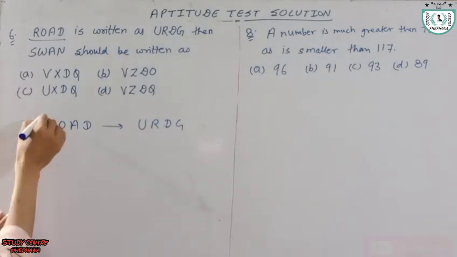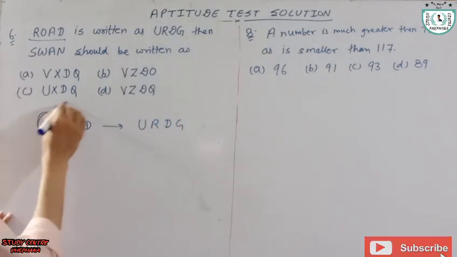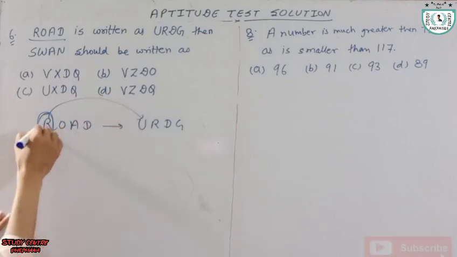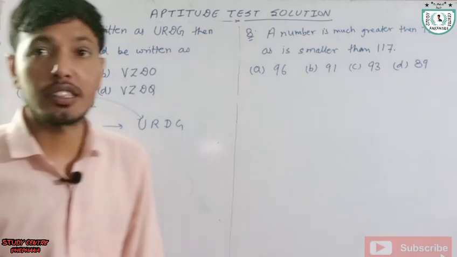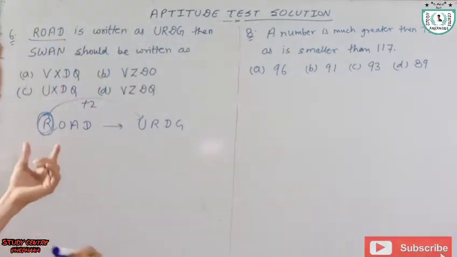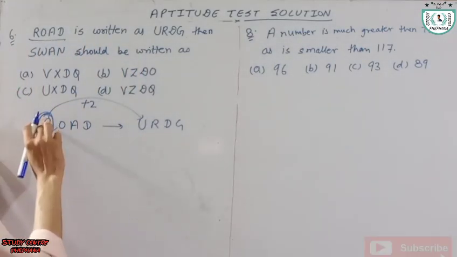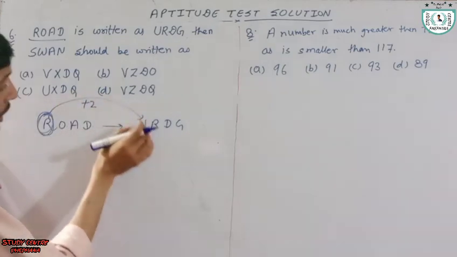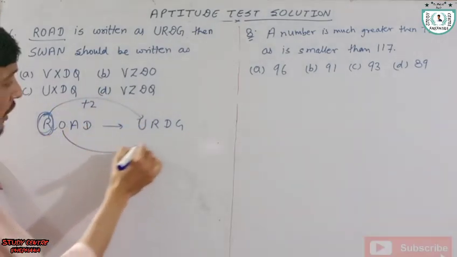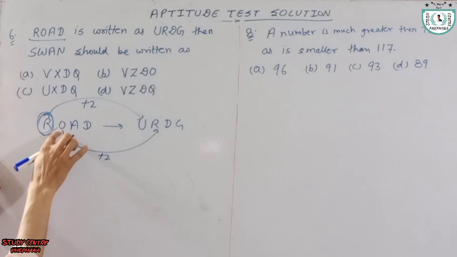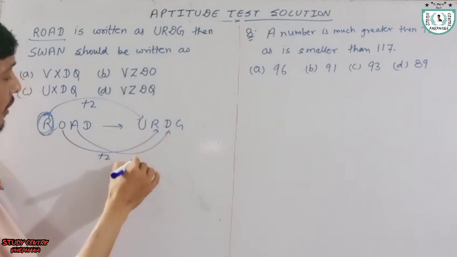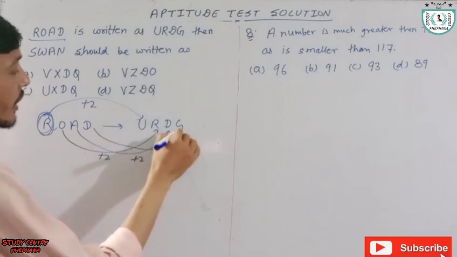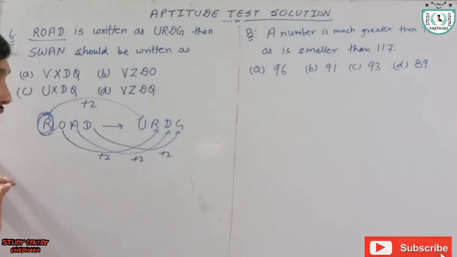It means R is written as U, after adding the next 2 letters, that is R, S, T, we get U. Accordingly, after adding 2 to O we find R, adding 2 to A we find D, and adding 2 to D we find G.